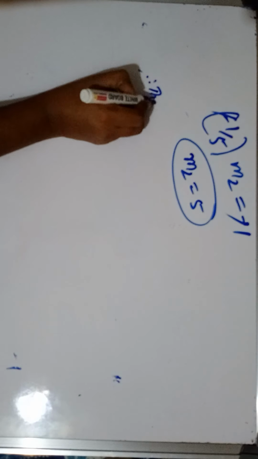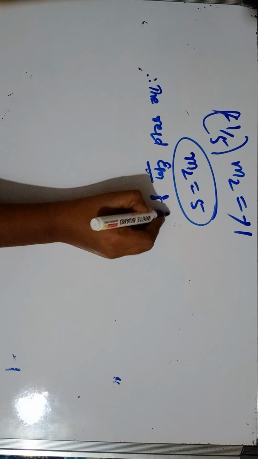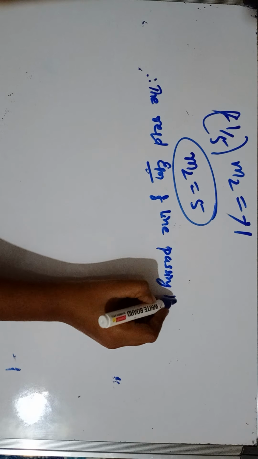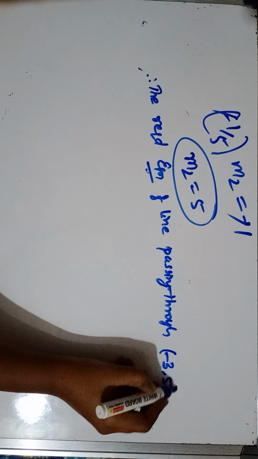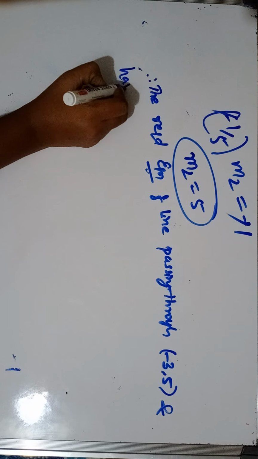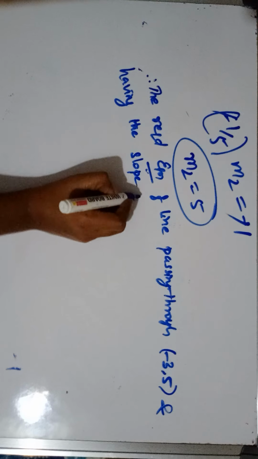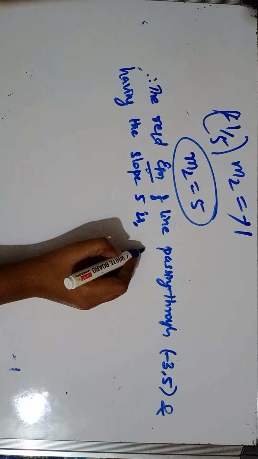Therefore, the required equation of line passing through (-3,5) and having the slope 5 is given by, what is the equation of the line in slope point form?